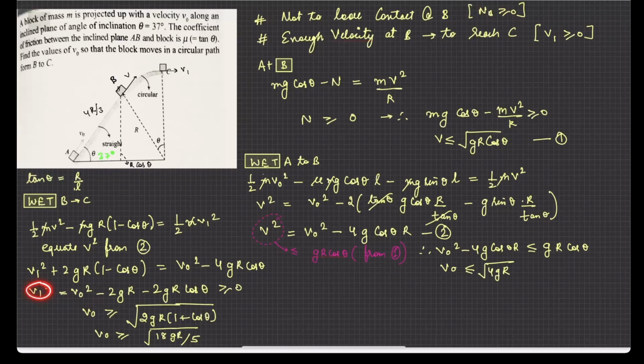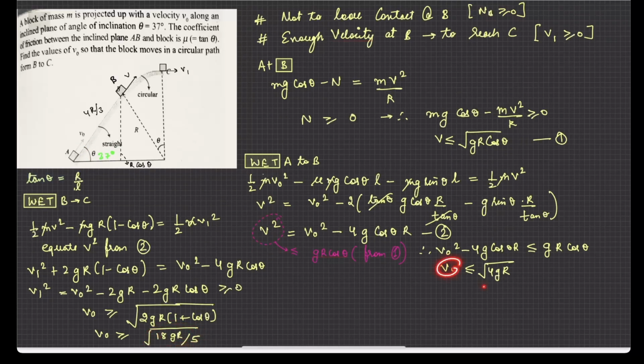So I found the value of V1 from here. We just put it here. So we have got V1 as V naught square this, and we put it greater than 0. From here we have got the value of V as 2gr 1 plus cos theta. We already know the value of cos theta, cos 37 degree, and we have got the value of V as this. So now two conditions have come.